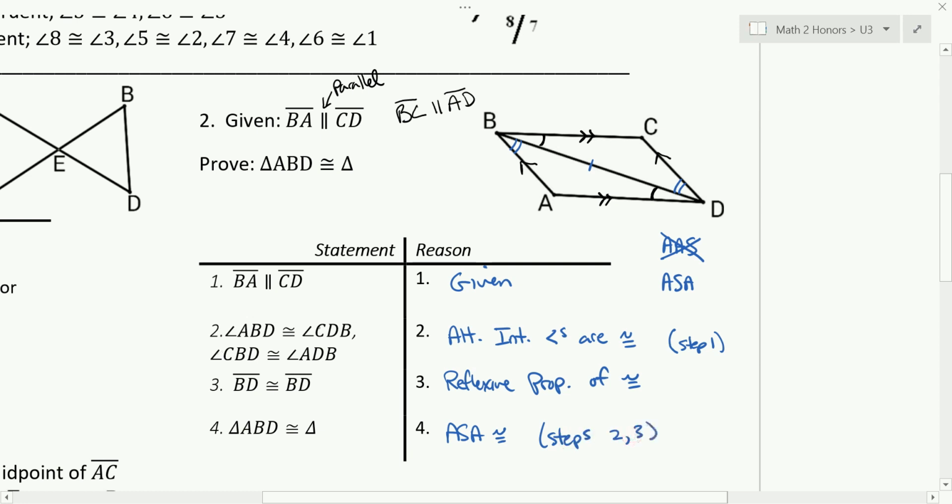Because in step 2, you have the angle and another angle. In step 3, we have the side. And triangle ABD is congruent to which triangle? CDB. And we got our proof complete.